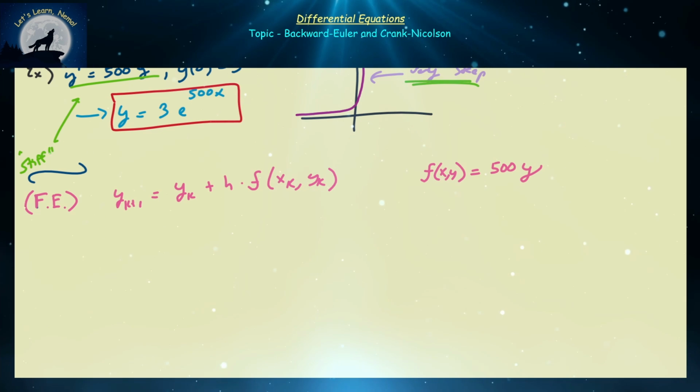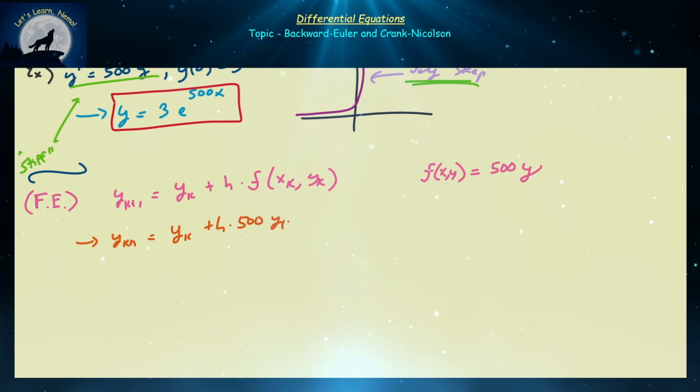So if we just replace that in our particular case, that's going to give us yk plus 1 will be equal to yk plus h times 500 yk. We can easily solve for yk to create an iteration scheme, so we're going to have yk times 1 plus 500 times h.